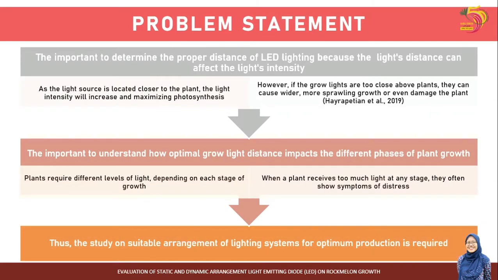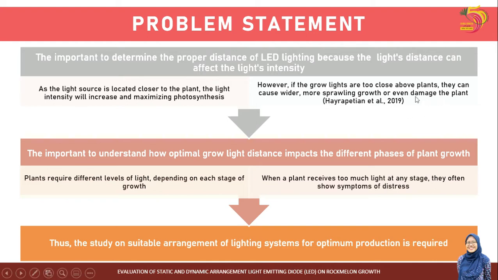For the problem statement in this study, first, it is important to determine the proper distance of LED light because the light distance can affect the light intensity. As the light source is located closer to the plant, the light intensity will increase, maximizing photosynthesis. However, if the grow lights are too close above the plant, they can cause wider, more sprawling growth or even damage the plant.